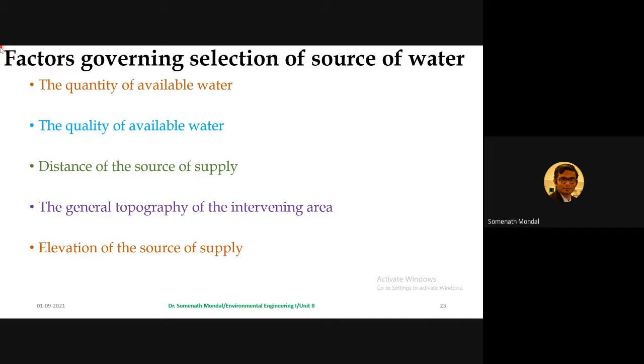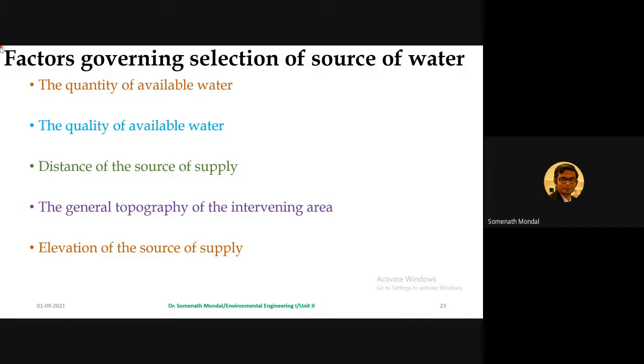Next important one is the quality of available water. The quality of available water should not be toxic, poisonous, or injurious to health, which we can say hazardous. The impurities present in the water should be as few as possible, and near the permissible limits, so that you can minimize the cost of treatment, and by normal economical treatment methods, whatever impurities are present can be eradicated.